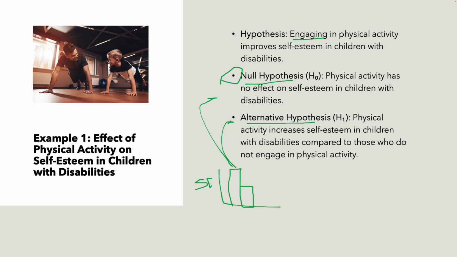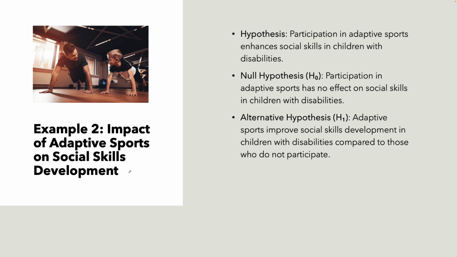And I'll do one more, and then we'll move forward. Here's one more example if we're talking about the impact of adaptive sports on social skill development. So our hypothesis could be participating in adaptive sports enhances social skills in children with disabilities. Remember, null hypothesis. This is negative Nancy, right? The negative null hypothesis.